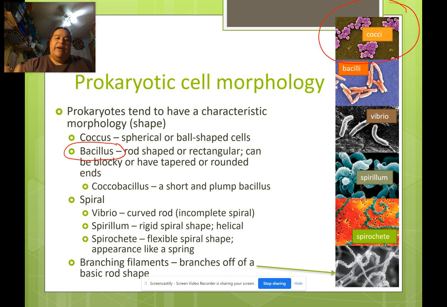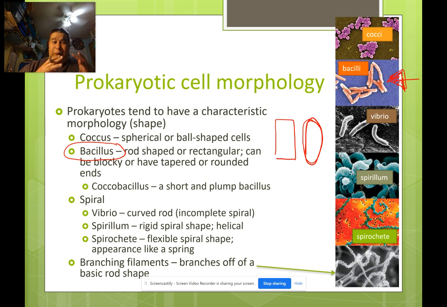They can be very blocky, or they may have a rounded shape to them, like a hot dog. It just depends. This is an electron micrograph of bacilli and an electron micrograph of cocci. That's why it looks circular.